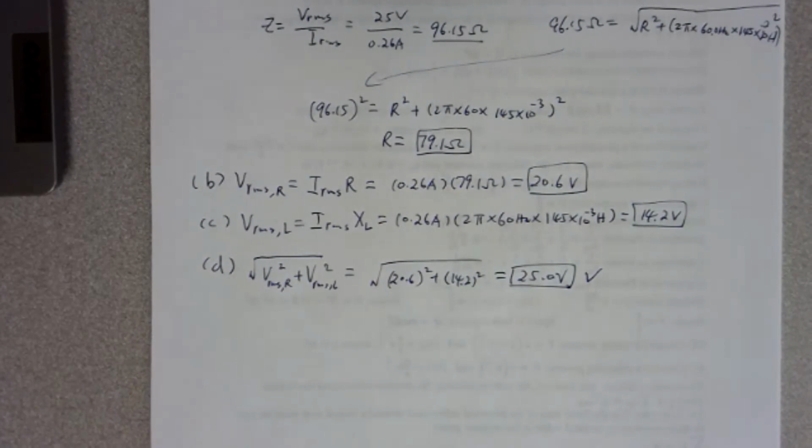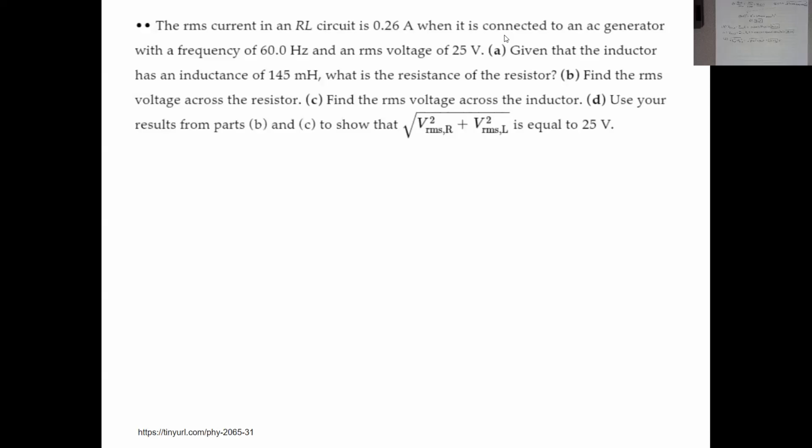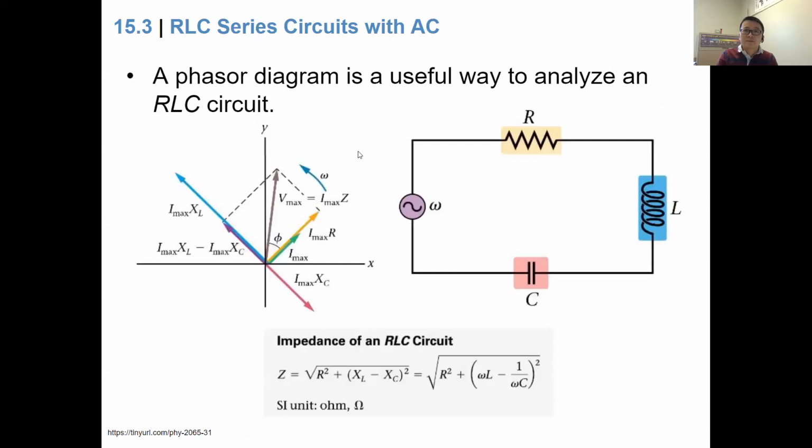Okay, all right, let's go back to the PowerPoint slide. So we have looked at the RC circuit and the RL circuit under an AC signal. Now let's put them all in just one circuit. So the RLC circuit, in a single circuit, we have all of them.